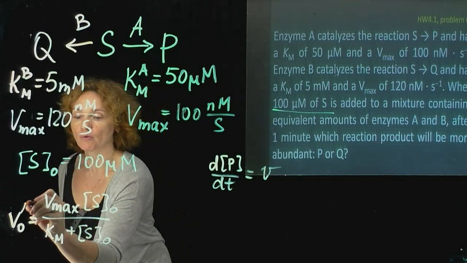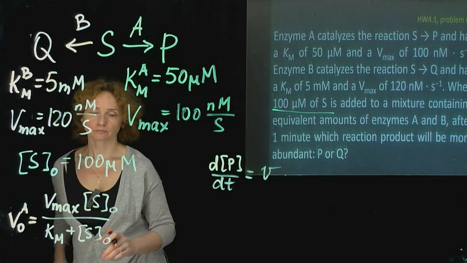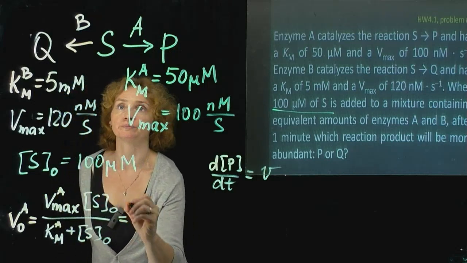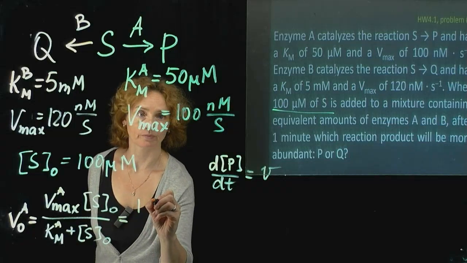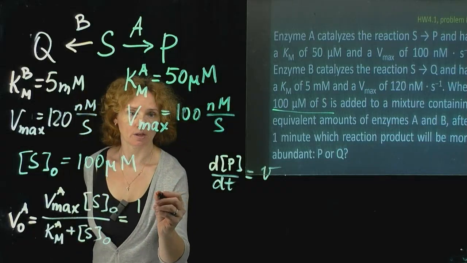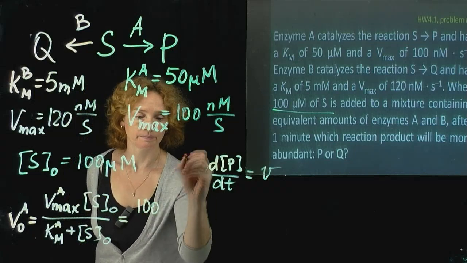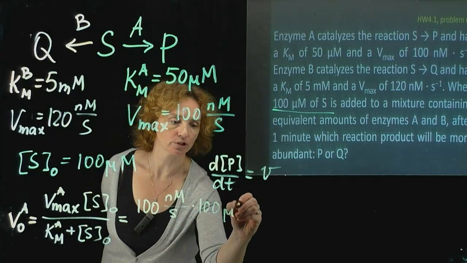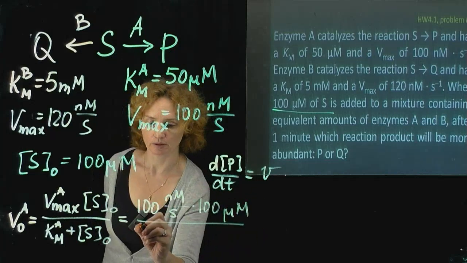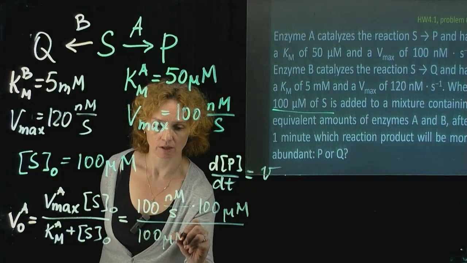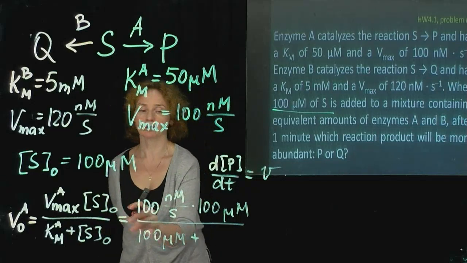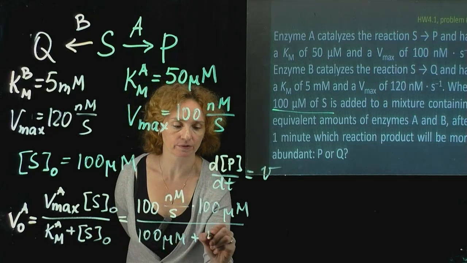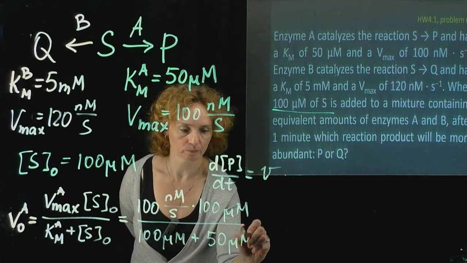And so for A, the initial velocity will be equal to, for A, right, 100 nanomole over second multiplied by 100 micromolar concentration of the substrate and divided by 100 micromolar concentration, sorry, for substrate concentration, and 50 micromolar for Km, right?